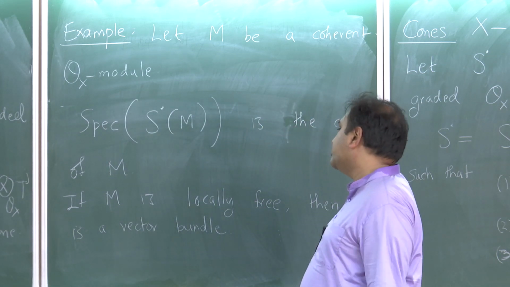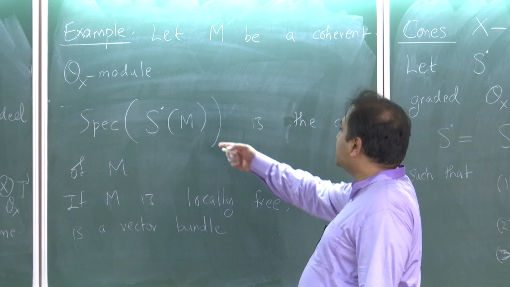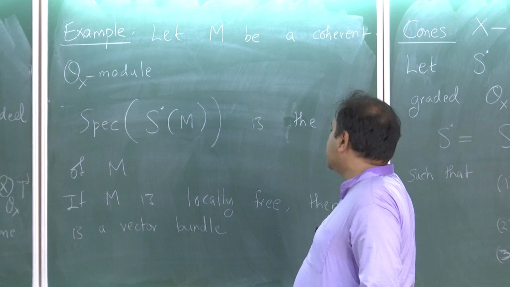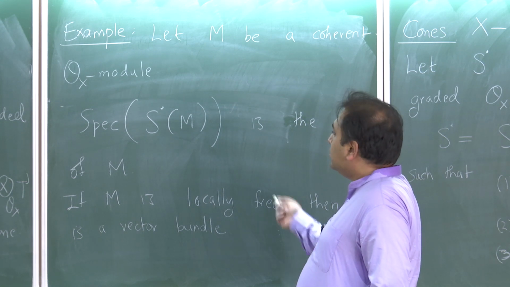If you have any OX module homomorphism from M to OX, it will give rise to an OX algebra homomorphism from S of M to OX, which will give you a section of this vector bundle.